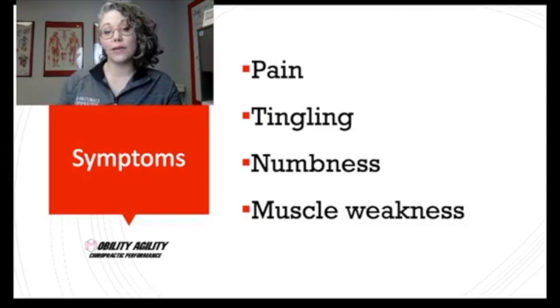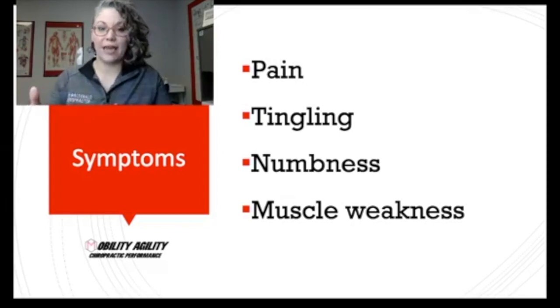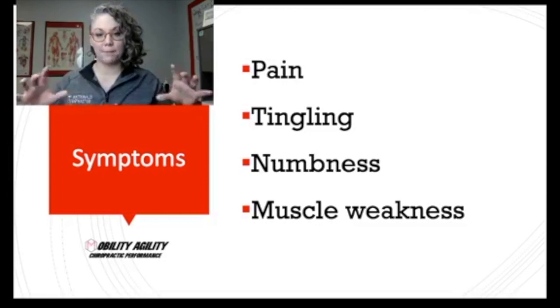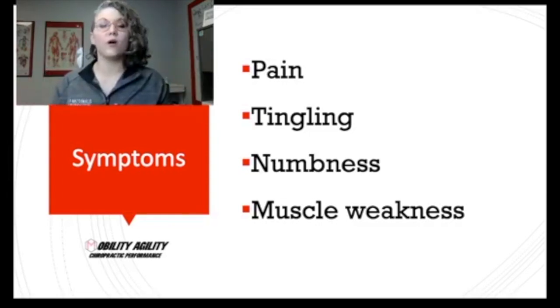So prior to going in to be seen, it can be important to track when these symptoms are the worst. This allows you to tell them, hey, after I do this activity, it's a lot worse. It gives the provider a snapshot picture of what's going on.